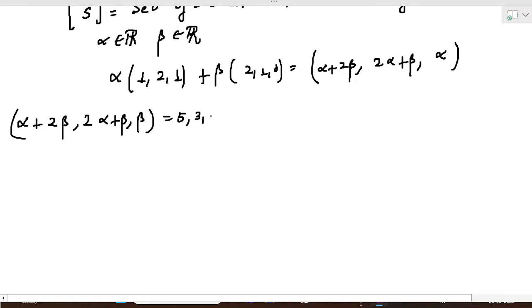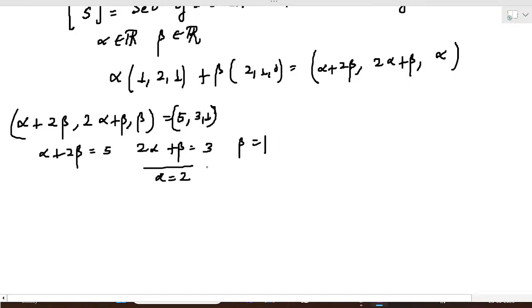Because if (5, 3, 1) lies in the linear span of S, then it should comply with this equality, isn't it? I guess this is clear to you. If it complies, then alpha plus 2 beta should be equal to 5, 2 alpha plus beta should be equal to 3, and alpha should be equal to 1.